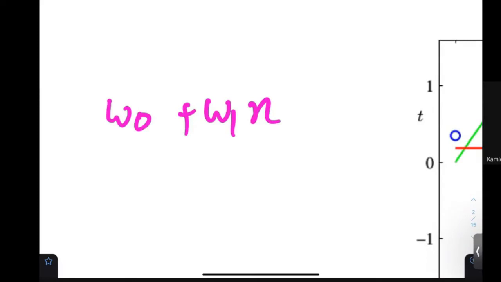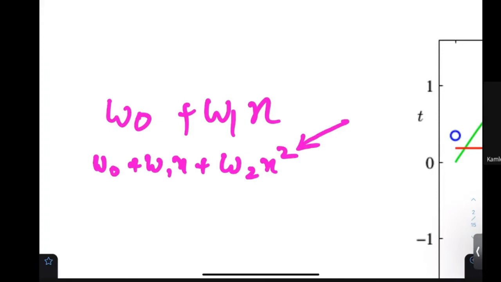However, instead of the linear one, you can make it a more complex, more powerful model, and say W0 plus W1x plus W2x squared. Here the model is more powerful because you have introduced the power 2. Similarly, you can increase the power up to x to the power m, with Wm. This is an even more powerful model, with this many parameters.